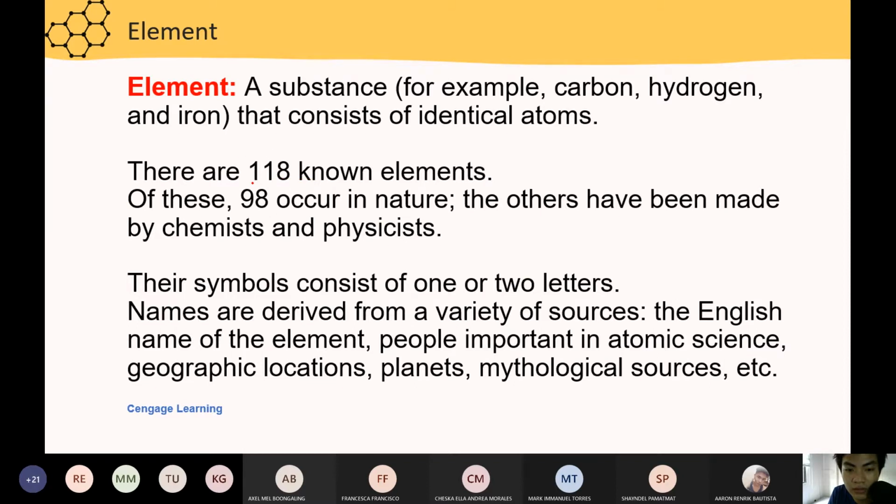All of them are written in our periodic table, which we give Dmitri Mendeleev the recognition for creating. 98 of the elements are naturally occurring. That means the rest are artificially made in the laboratory. How? They combine two atoms of different elements. When they combine them, they form heavier elements. Those are our artificial elements.